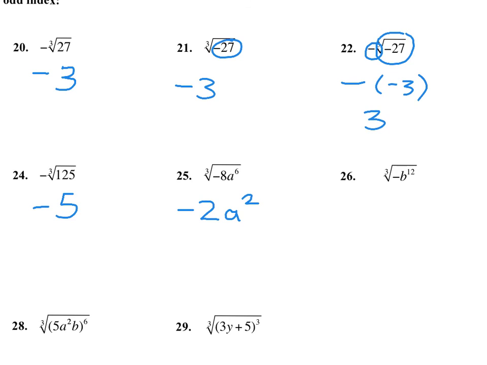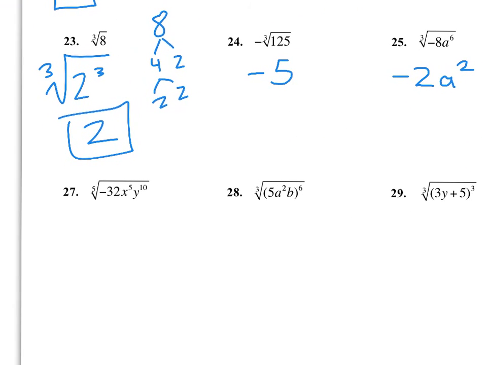The cube root of negative 1 is negative 1. And then I divide the 12 by 3 and get b to the 4th. Alright, so whenever the index is odd and the radicand is negative, your answer is just going to be negative.